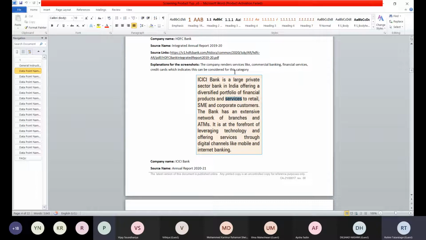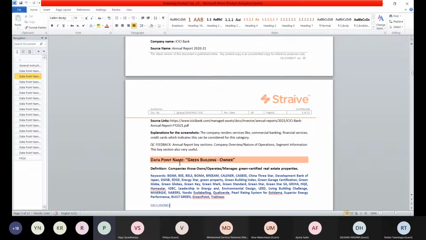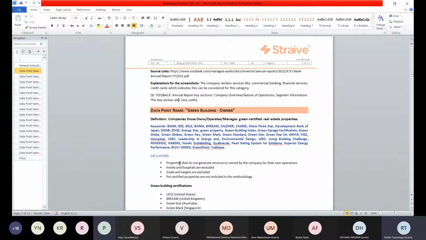They are offering a diversified portfolio of financial products. Financial products are nothing but financial services, like lending and offering loans. So in this case we can mark yes. Now, any doubt in the first data point?